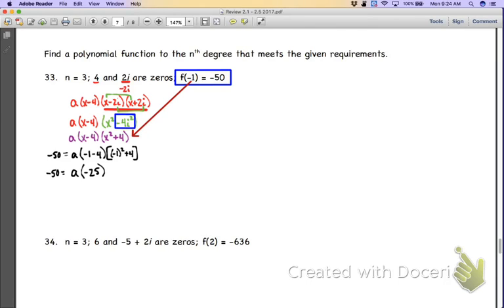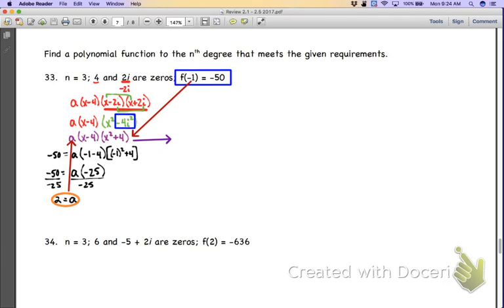So what's a equal to? Positive 2, right? So if a is equal to 2, okay, I'm just going to use this, and now it's basically just going to go right back in to here, and now I'm just going to re-multiply everything.